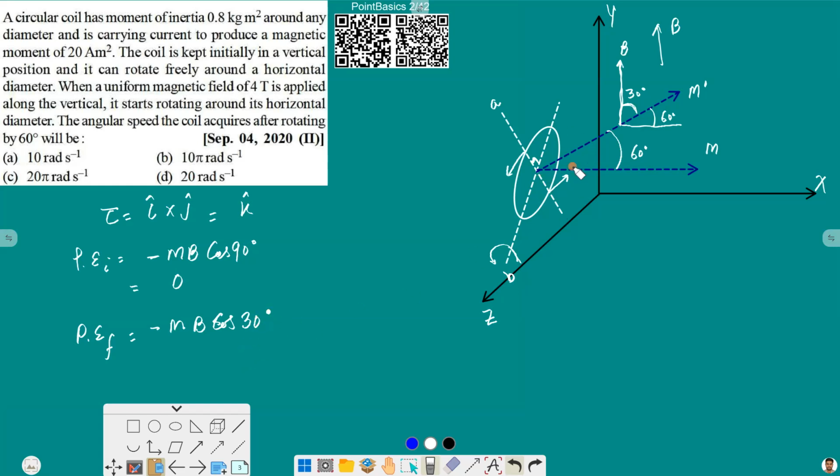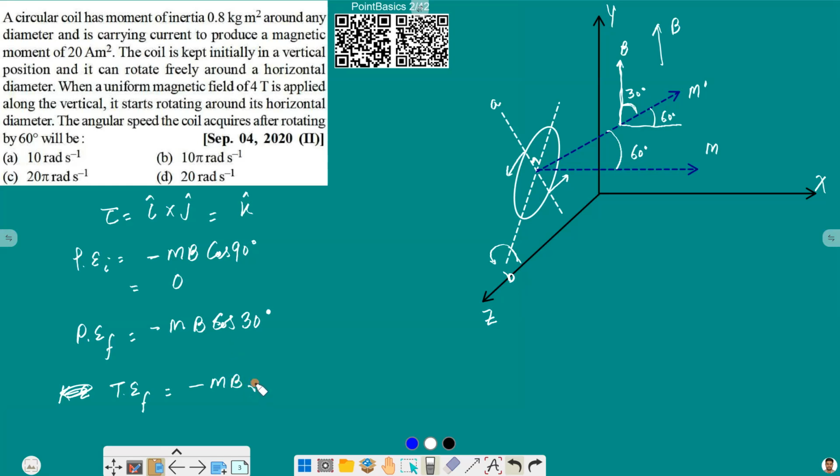And as it is rotating, in the final configuration, it will also have the rotational kinetic energy. So total final energy will be final potential energy plus final kinetic energy. And final potential energy is minus mb cos 30, which is root 3 by 2, plus half I omega square.